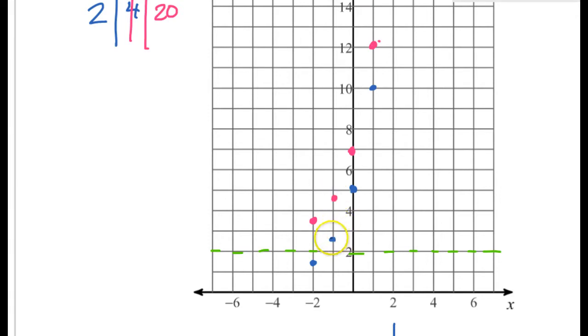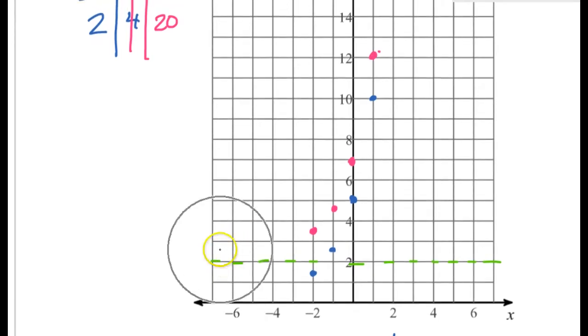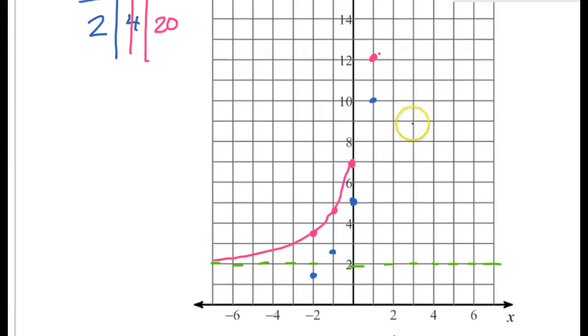And then that one you connect, and this one I connect, and I respect the asymptote. So it should be approaching the asymptote, and just try to draw a smooth curve through all these points.